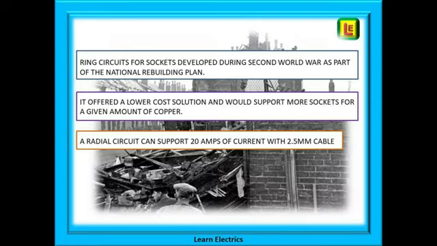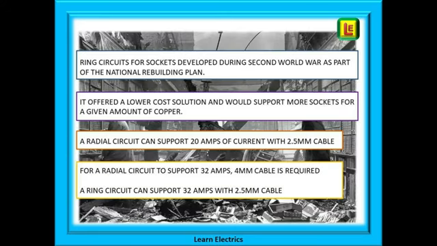Now, back to today, because fuse sizes have changed since the 1950s. A radial circuit using today's breakers can support 20 amps of current with 2.5mm cable. For a radial circuit to support 32 amps, in other words more sockets, the cable size would have to be increased to 4mm.